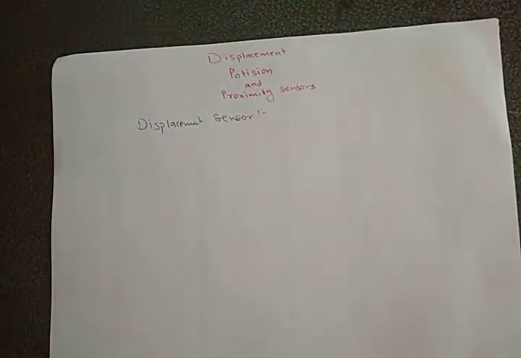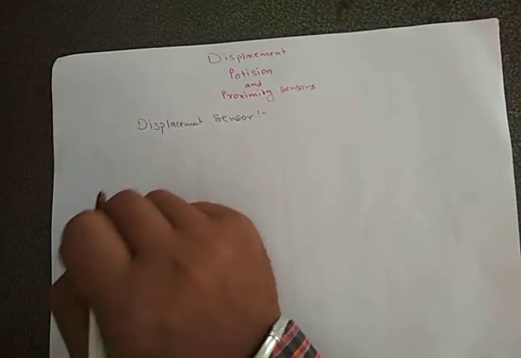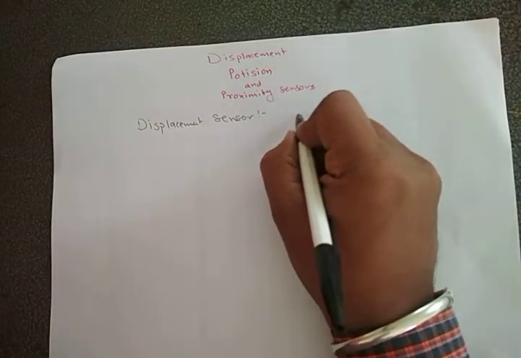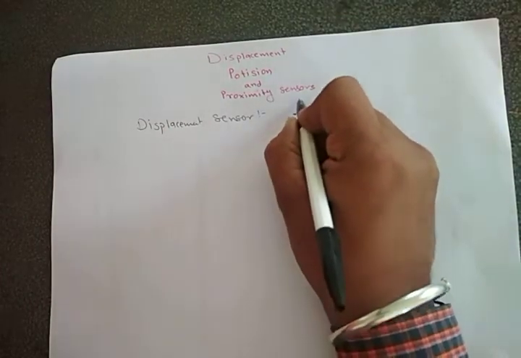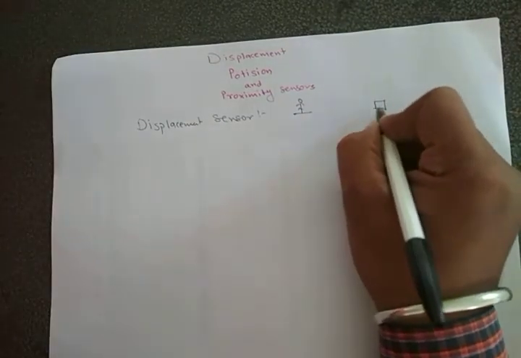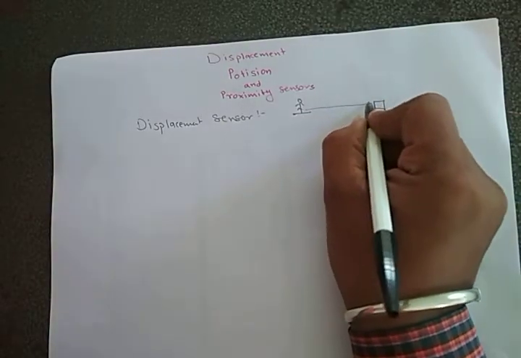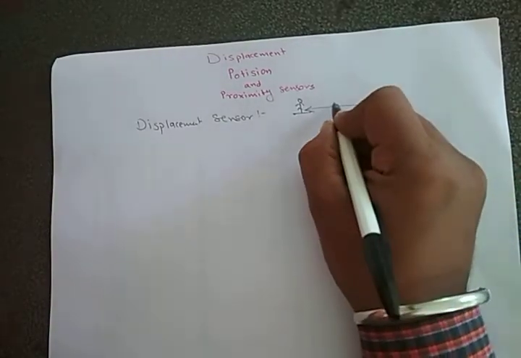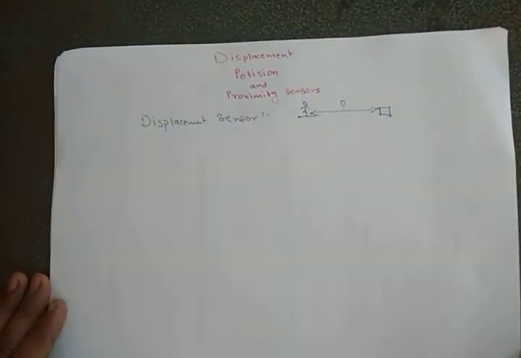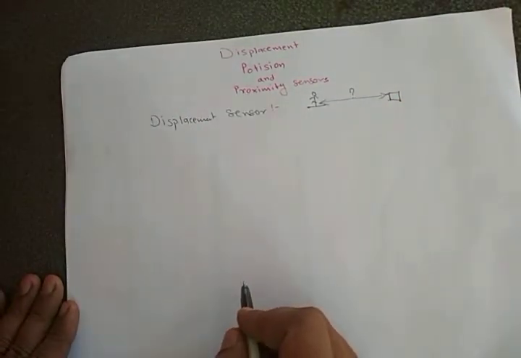This is the sensor where we can measure the displacement of any object. If you are standing here and you want to measure the distance of a particular object, you can use a displacement sensor and check the distance or the position where that sensor is present.